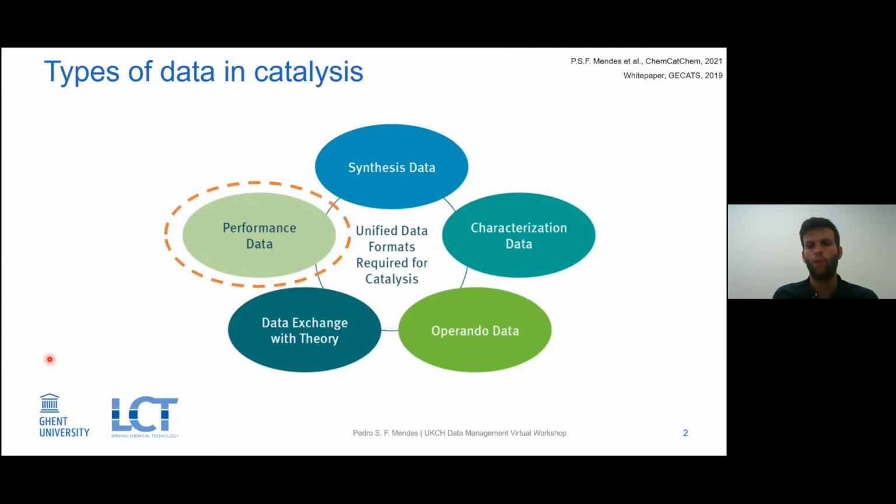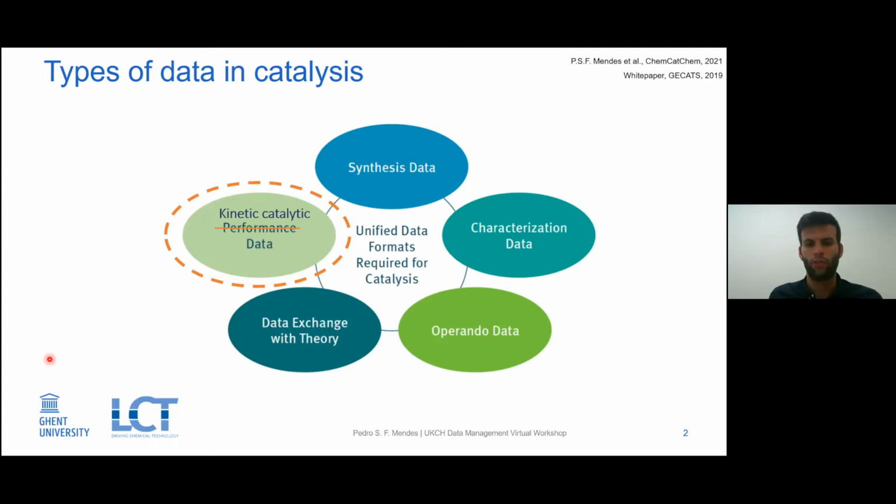So today we'll focus on performance data, and here with an addition: I would not like to focus really on performance data, so to say, but I would call it kinetic catalytic data. Performance data is related to the performance of a catalyst, but that means that it can be influenced by any transport phenomena, so it might not be really reflective of the catalytic action.